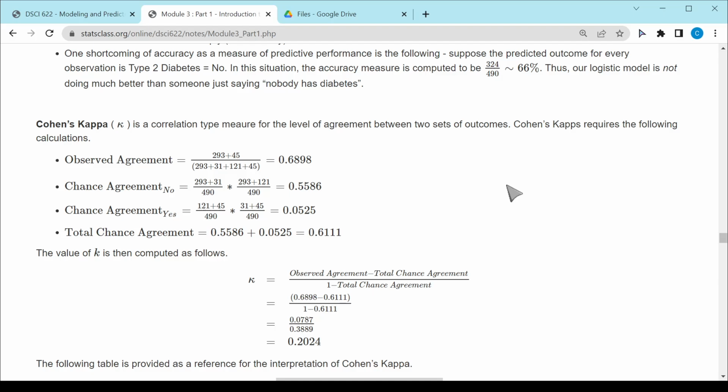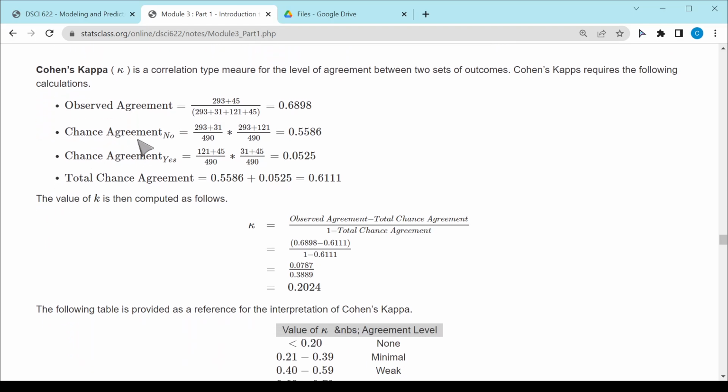Another one that is cited by some computing technologies, and in particular R cites this one, is Cohen's Kappa. Cohen's Kappa involves, again, the situations in which the outcomes agree. That's that 69%. And then it contrasts that observed agreement with just chance agreement.